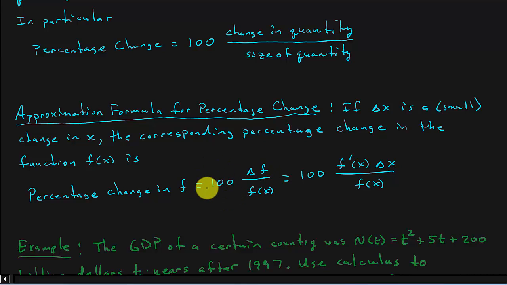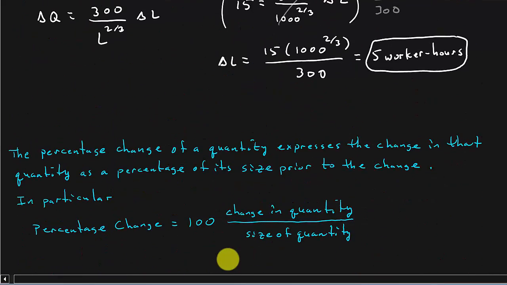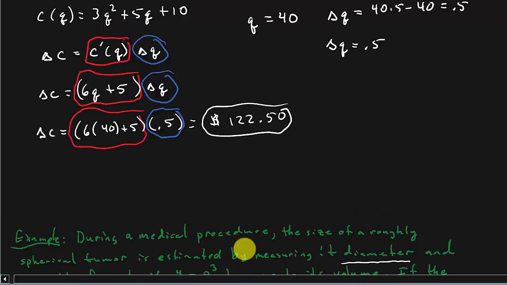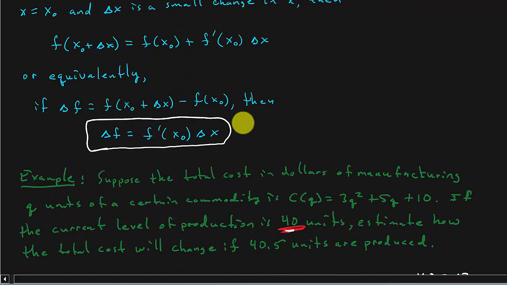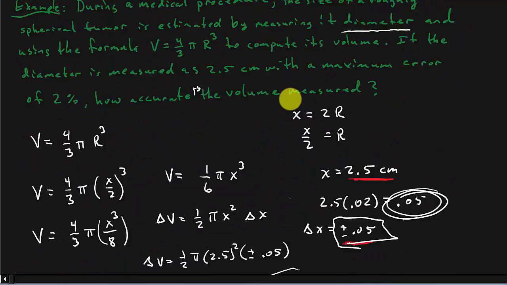The 100 just converts it from a decimal to a percent. And what is delta f? Well, that's f prime of x times delta x. Remember the delta, way back at the beginning of the video, we showed, there it is. See this right here.